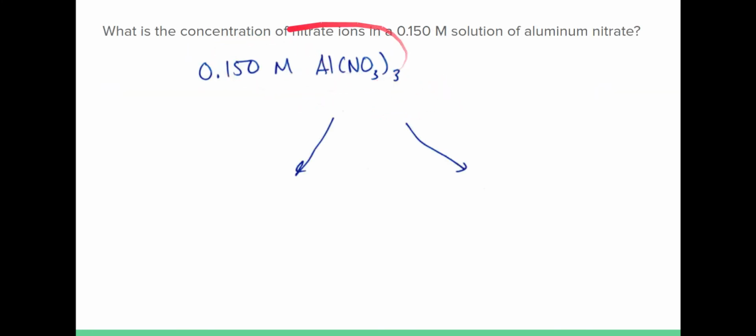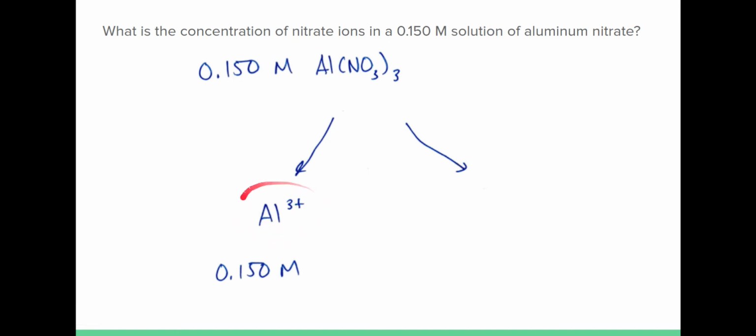Now, if the concentration of aluminum nitrate is 0.150 molar, that means that for every 1 formula unit of this compound, I'm going to get 1 aluminum 3+ ion, but I'm going to get 3 nitrate ions when this ionic compound dissolves.